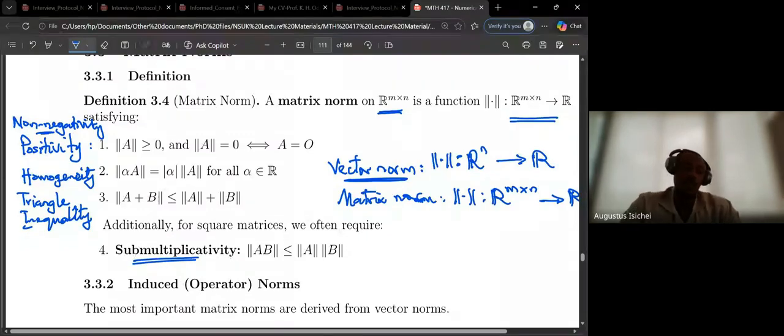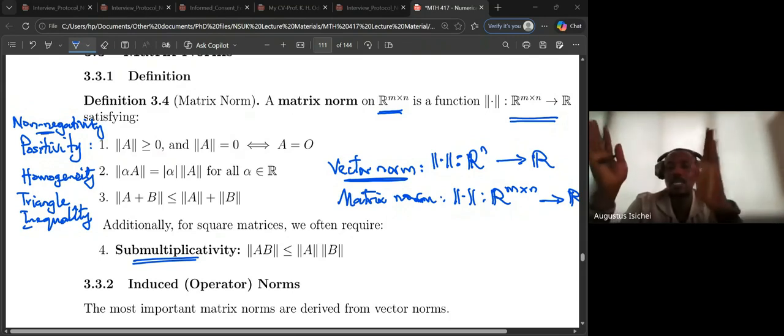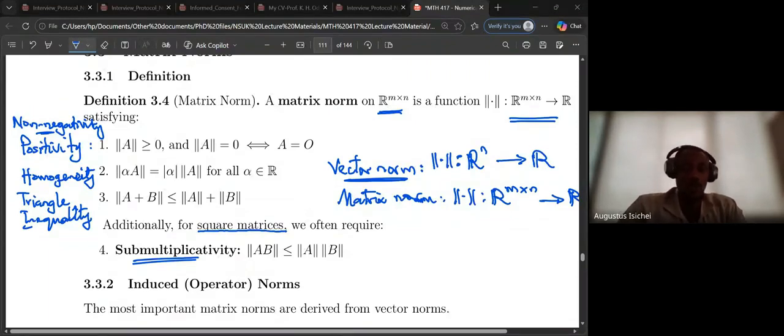So this property simply states that the magnitude of the product of two matrices A and B has to be less than or equal to the magnitude of A times the magnitude of B. But this property is only applicable to square matrices, not column or row matrices. No, square matrices.